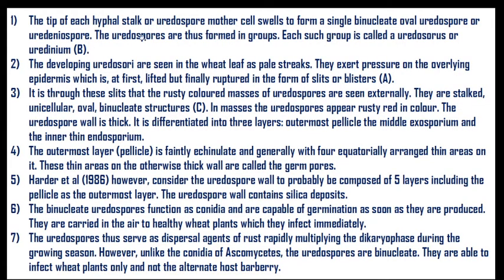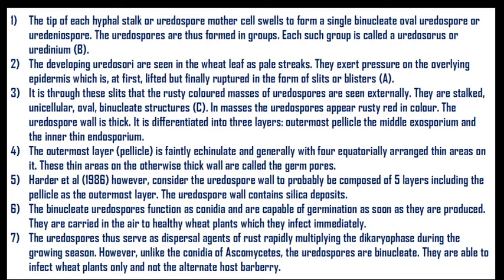The tip of each hyphal stalk, or uredospore mother cell, swells. It means at the top of the hyphal stalk there is a uredospore mother cell which swells to form a single binucleate oval uredospore or urediniospore.